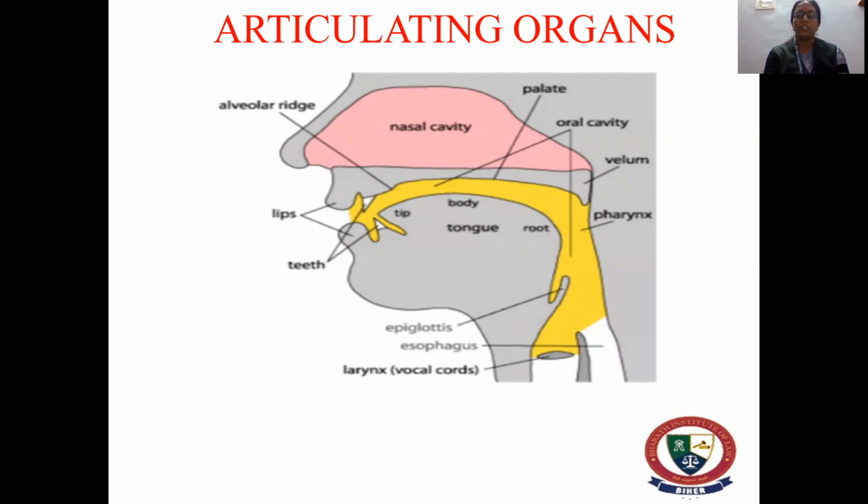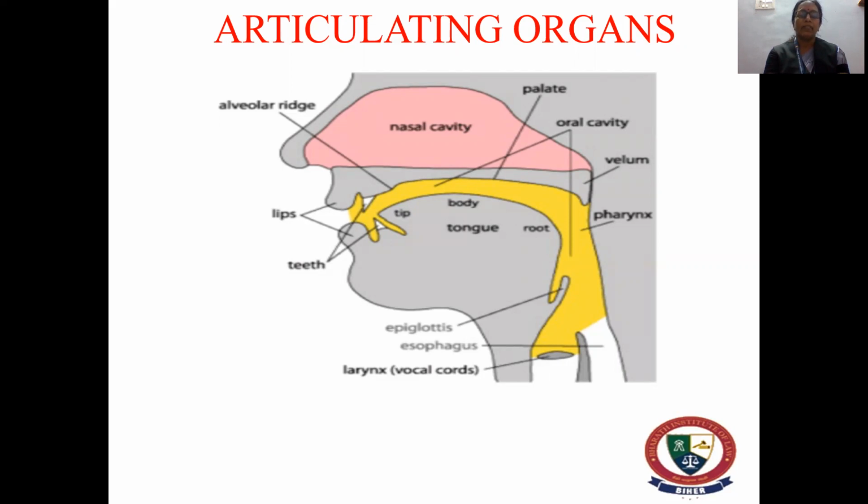We close our mouth completely or partially in producing certain sounds. Those sounds are known as nasal sounds since they are produced using our nose. So even the nose is used. That is why the nasal cavity has been marked.